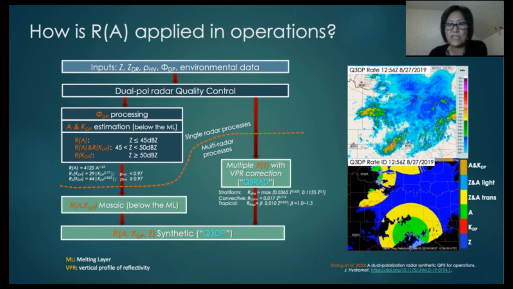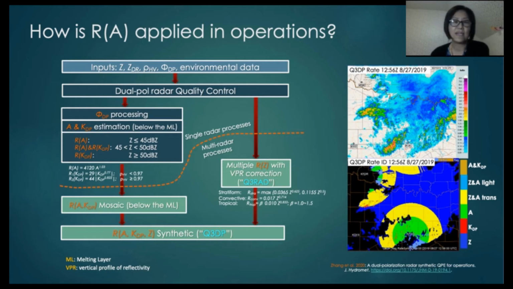We have a linear transition to avoid sharp boundaries. Then you will see some red and orange pixels in this plot. That's where RKDP was applied. So this is how RA is merged in the operational QPE, so we can apply it everywhere across CONUS.